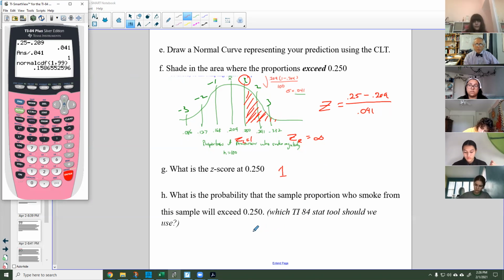So it's 0.1587. So it's about a 15.87% chance that the sample I just pulled out is going to have 25% smokers or greater than 25% smokers.